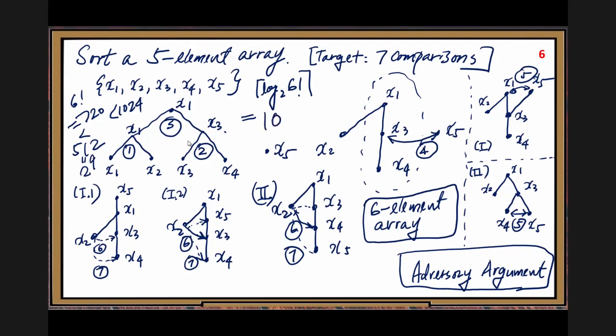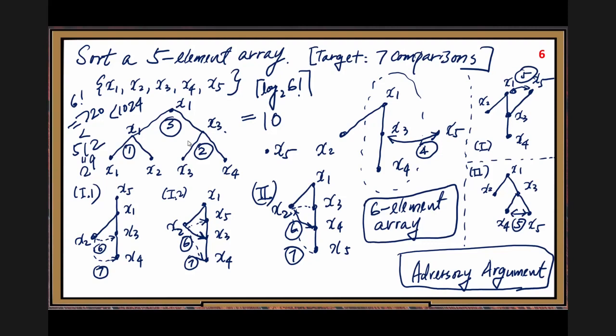Now the question: is it possible to use 10 comparisons to sort a 6-element array? It's possible, right?